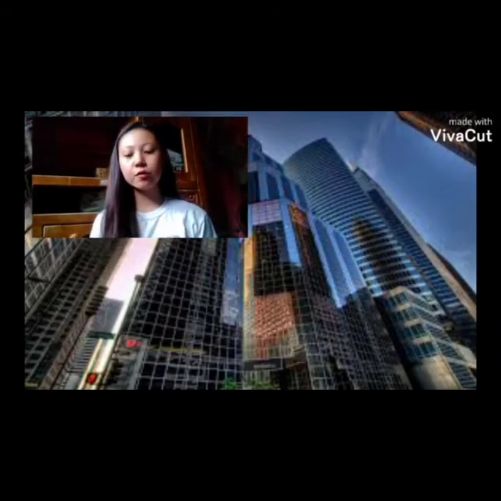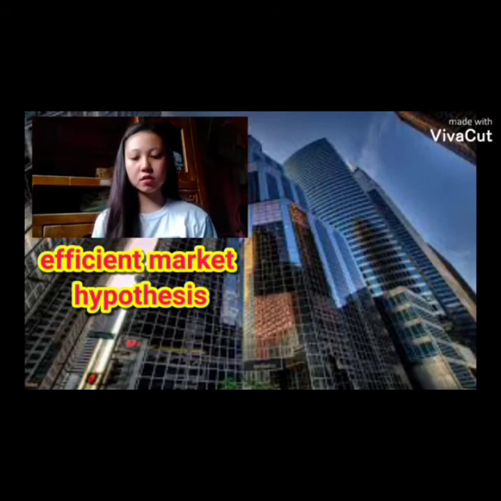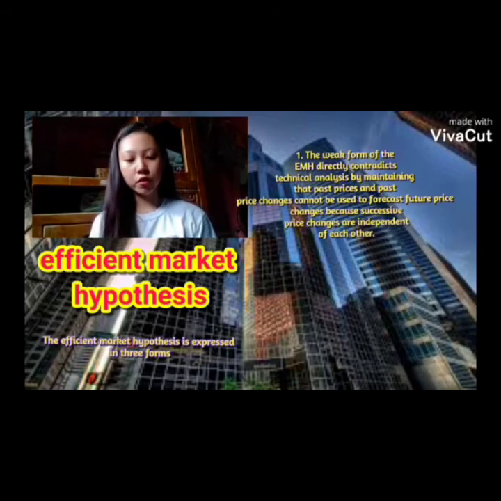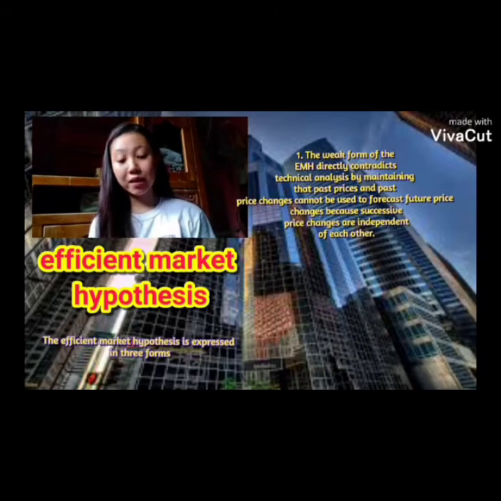And then the last one, we have the efficient market hypothesis. The efficient market hypothesis is expressed in three forms. The weak form of EMH directly contradicts technical analysis by maintaining that past prices and past price changes cannot be used to forecast future price changes because successive price changes are independent of each other.